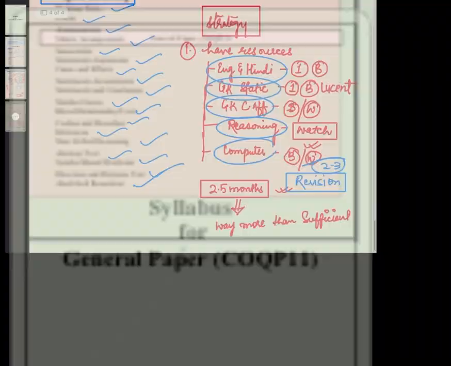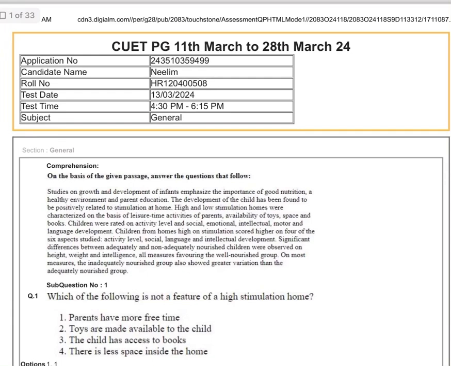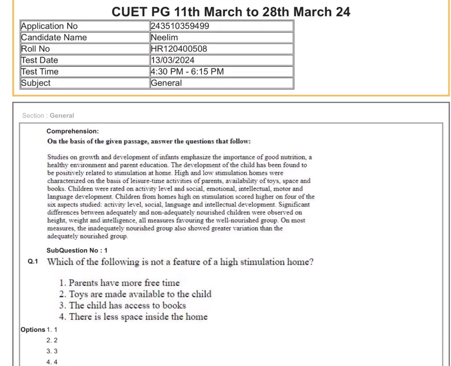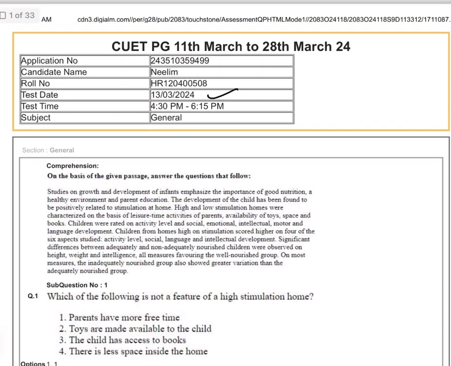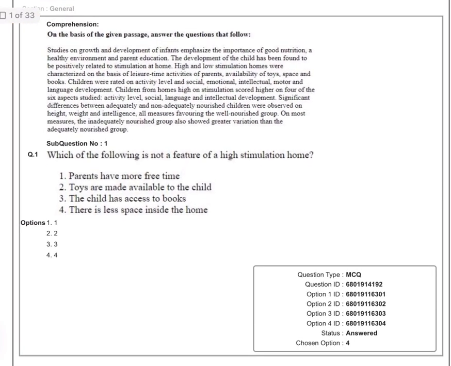Now I'll let you see one paper. Wait a minute. Yeah, here it is. This paper was conducted on 13th of March 2024. In this paper, as you can see, this is the passage, and on the basis of the passage, there is this question: which of the following is not a feature of high stimulation?